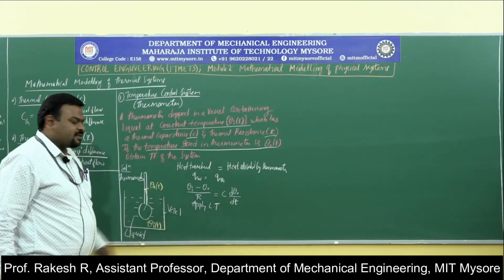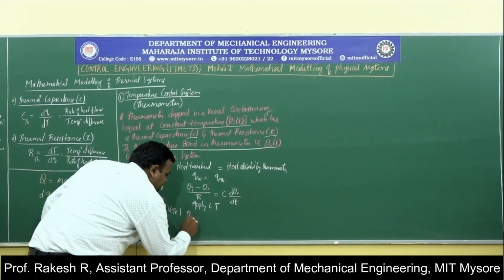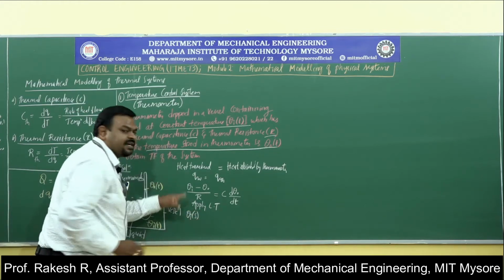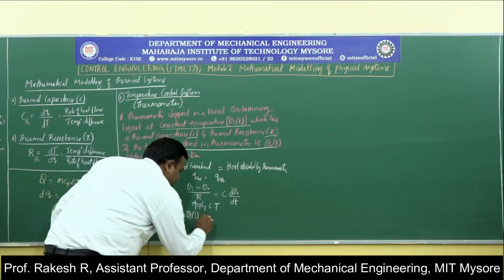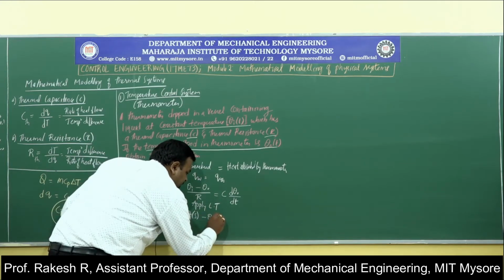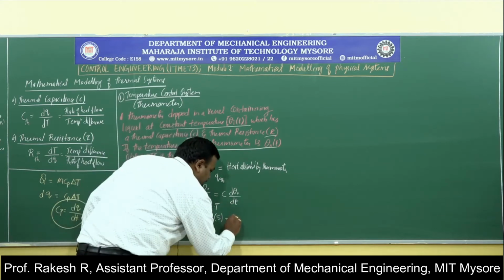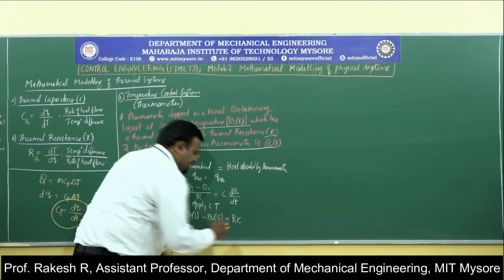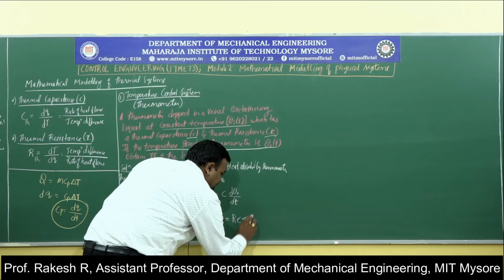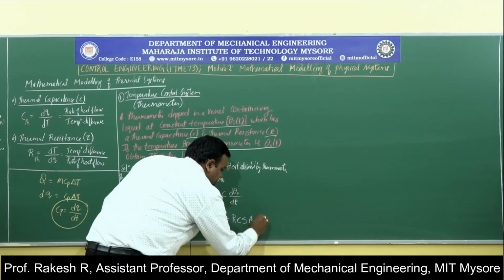If you apply Laplace transformation, theta I becomes theta I of s, minus theta naught of s will be equal to, I will multiply R here, RC, d by dt is s, into theta naught of s.